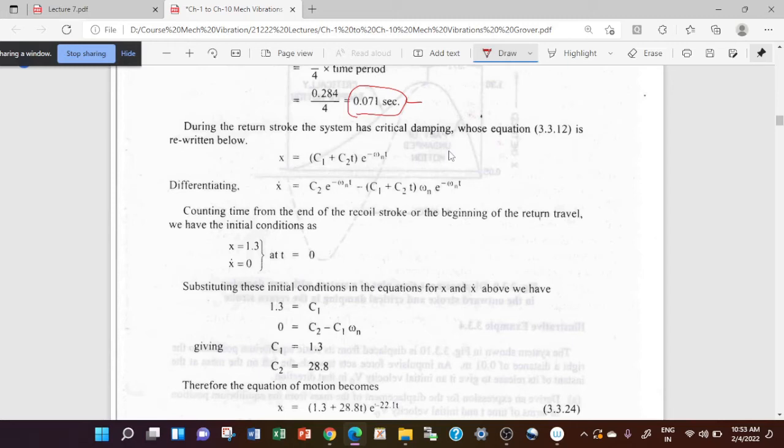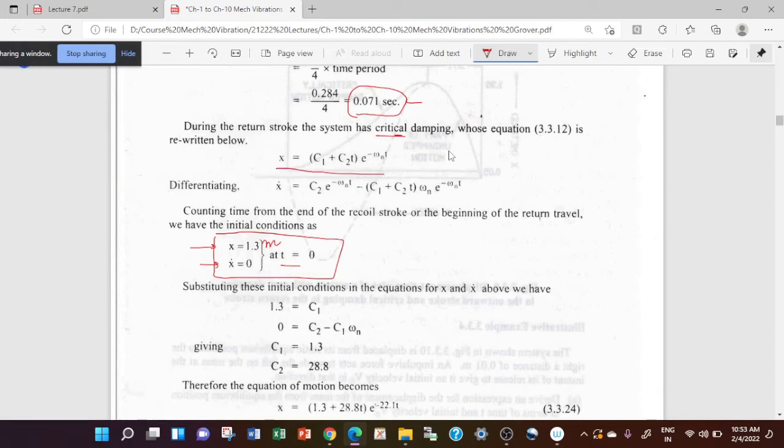Now at this point you have the critical damper, and for critical damping these are the conditions shown here: displacement 1.3 meter and velocity 0 at t equal to 0. For critical damping, displacement is given by this equation.